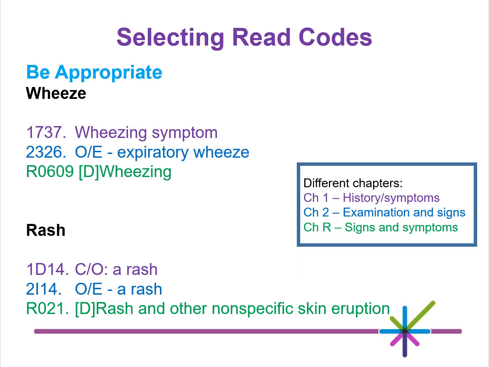Consider which code is the most appropriate given the clinical context. For the terms wheeze and rash, there are different options available from different chapters. When is it appropriate to code this as observation, and when is it a symptom? Use the clinical context to decide and consult with your protocol or lead clinician if you're unsure.